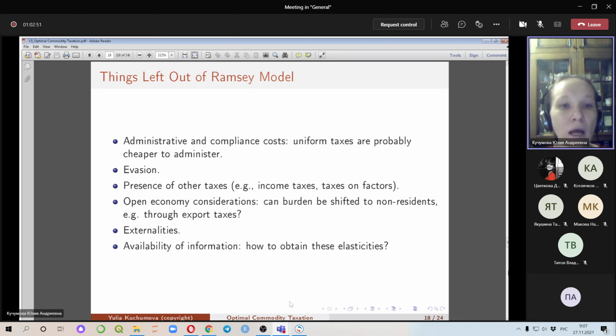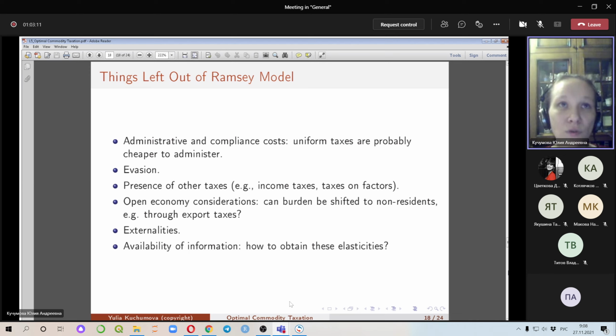is that there are administrative and compliance costs that we do not include in the model. And uniform taxes are probably much cheaper to administer than any other taxes. Also evasion, right?